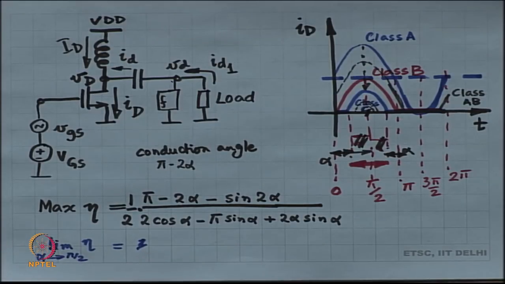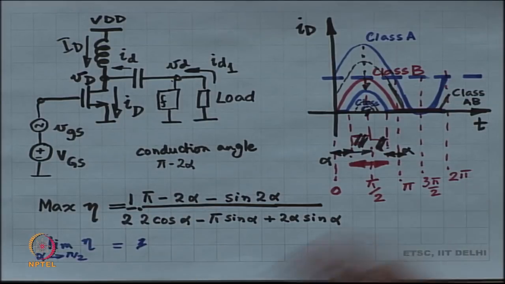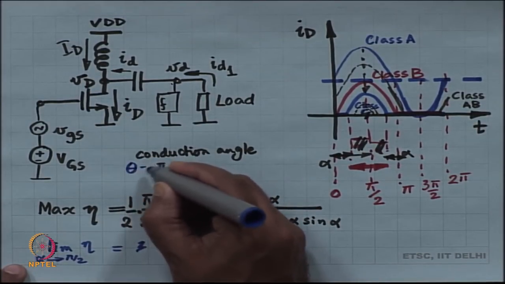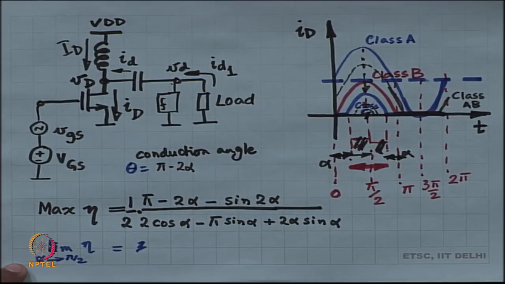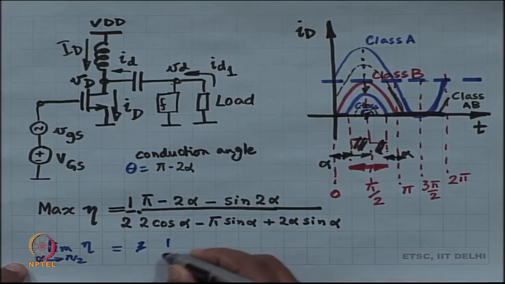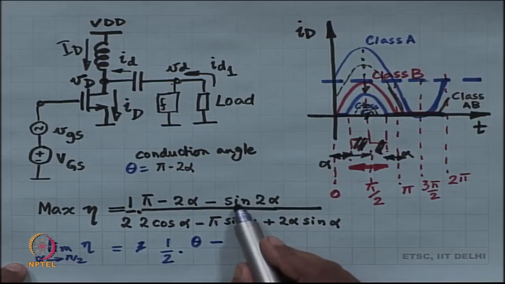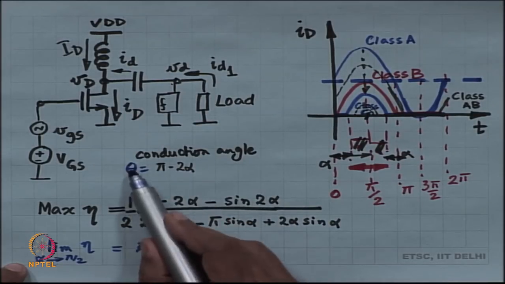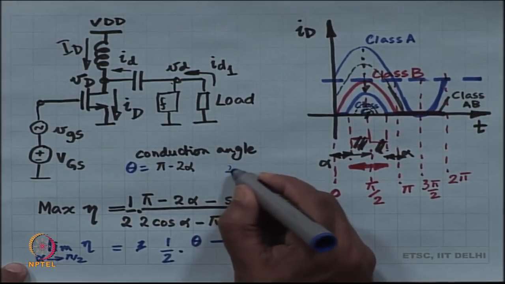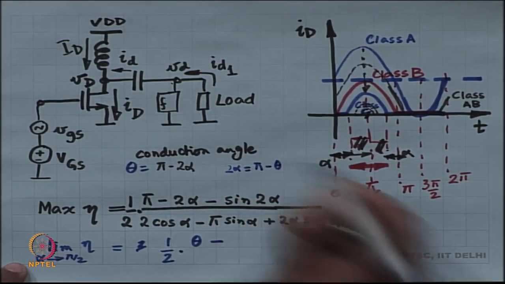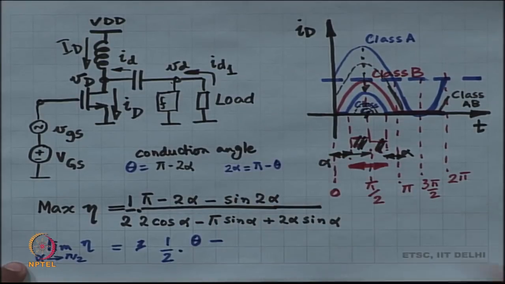Instead of alpha tending to pi by 2, let us call pi minus 2 alpha as some theta. Okay, just so that the maths is easy, and then I will do limit theta tends to 0. So, pi minus 2 alpha is theta, minus sin 2 alpha. So, 2 alpha is pi minus theta, right.